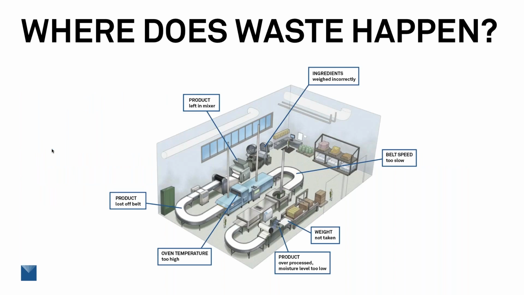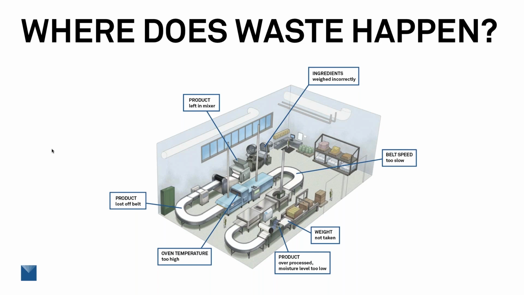So where can waste happen? Well, pretty much anywhere along the production process. And sometimes that can be accounted for and sometimes it can't. In order to truly get to what we're calling the batch score and to really identify where problems happen, the key part of this is to track as much as you can of that loss so that you can account for it.